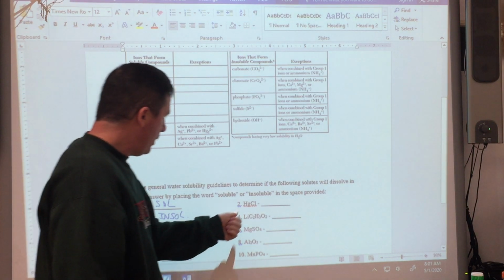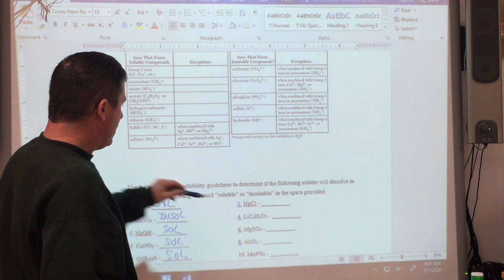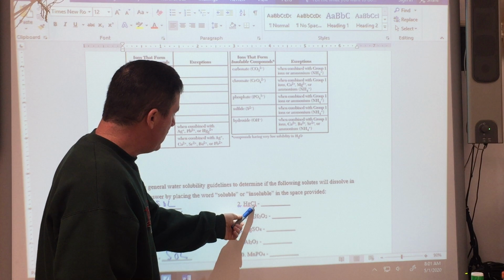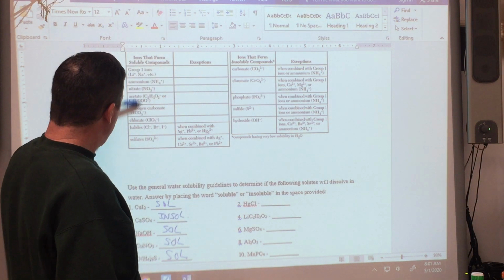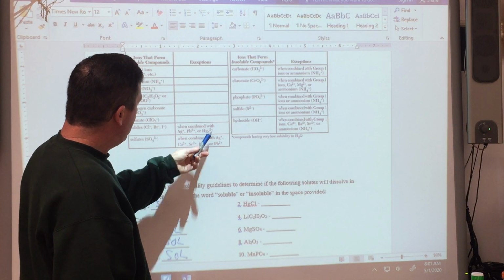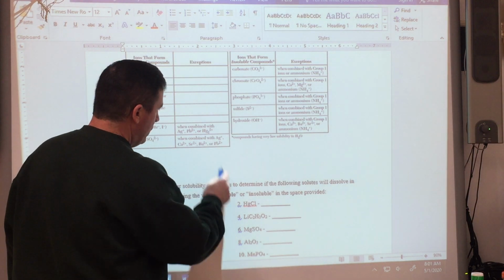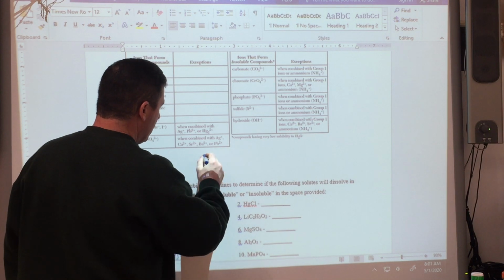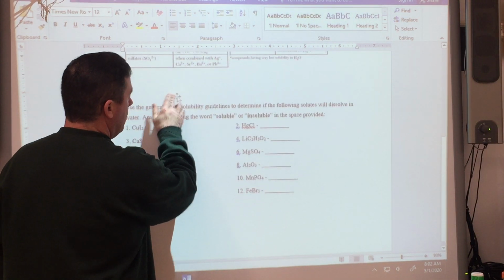Number 9, mercury 1 chloride. This is kind of a tough one. Challenged you on that one. Because this says HgCl. And here's the chloride. They are soluble. Combined with Hg. Now you've got to be careful here. This is Hg2. So if I had Hg2 combined with chloride, it would look like this.